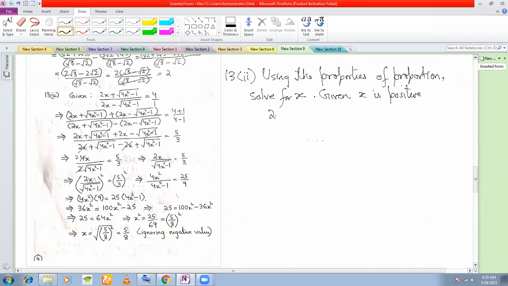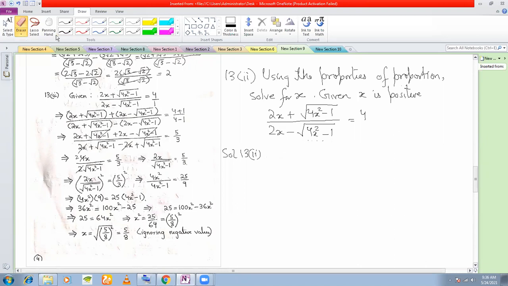The equation is (2x plus root of 4x square minus 1) divided by (2x minus square root of 4x square minus 1) is equal to 4. This is the equation. So we start with the equation.